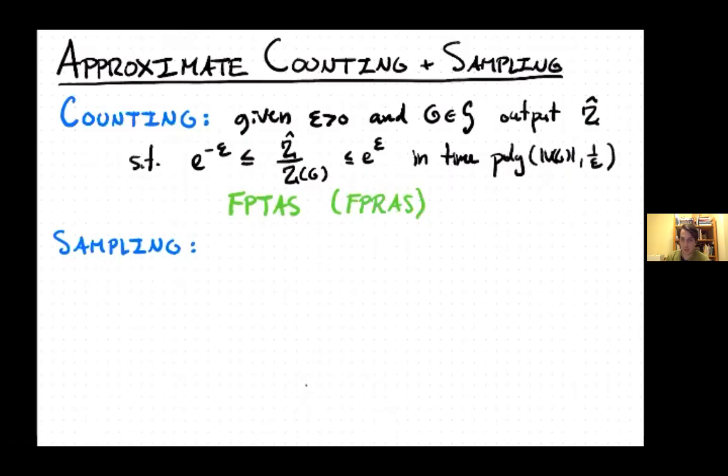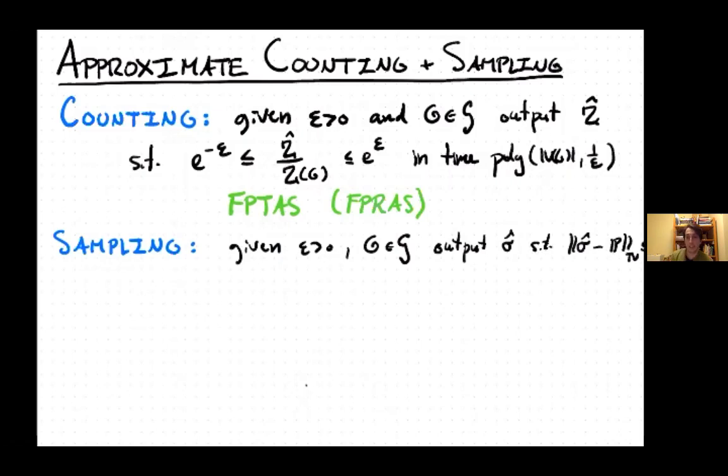And the sampling problem is similar. Again, we have to introduce some tolerance and let our amount of time depend on that. So again, given positive epsilon, any of the allowed graphs, we have to output sigma hat, a spin configuration, such that the total variation distance between our output and the truth is at most epsilon.